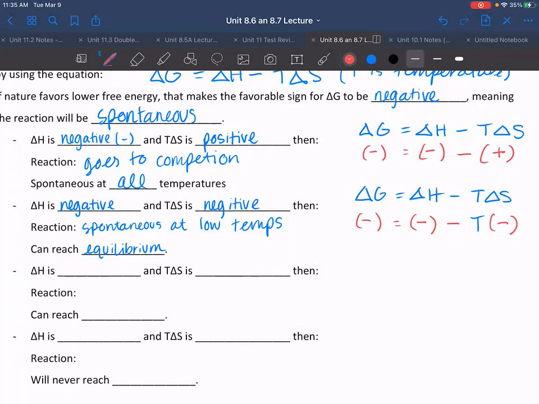We're actually adding, which means our negative delta H becomes more and more positive as this term increases. So if we increase our temperature, we become more and more positive. So what's favored is a decrease in temp so that we make the little bit that we're adding smaller and smaller and smaller.